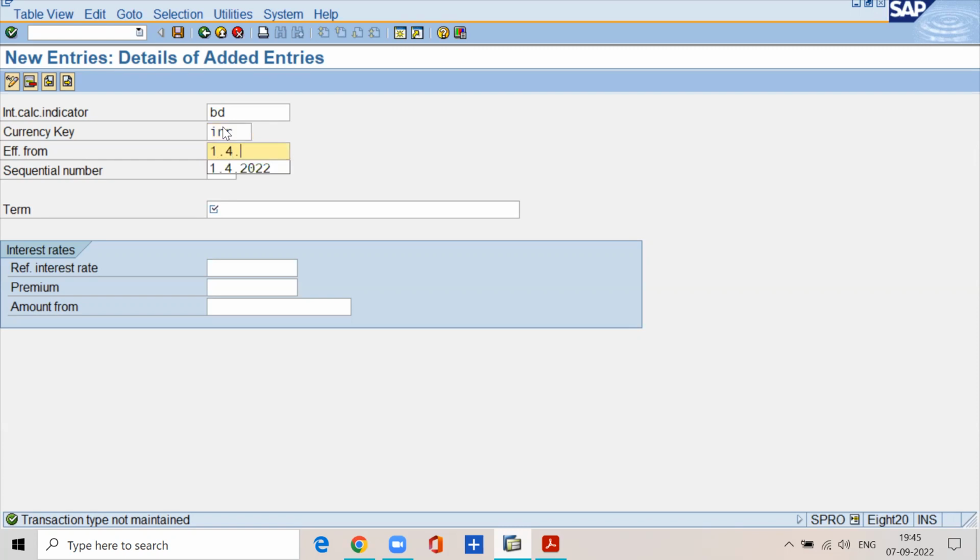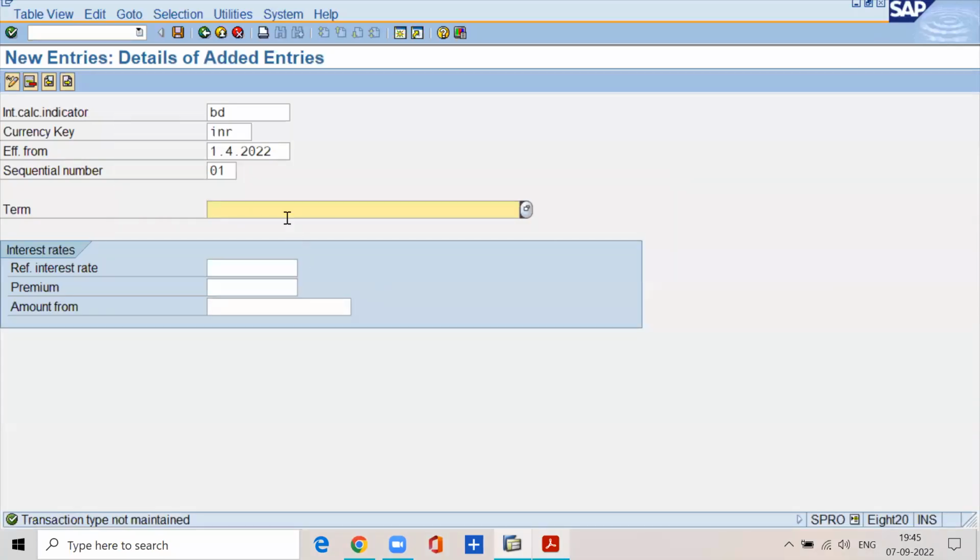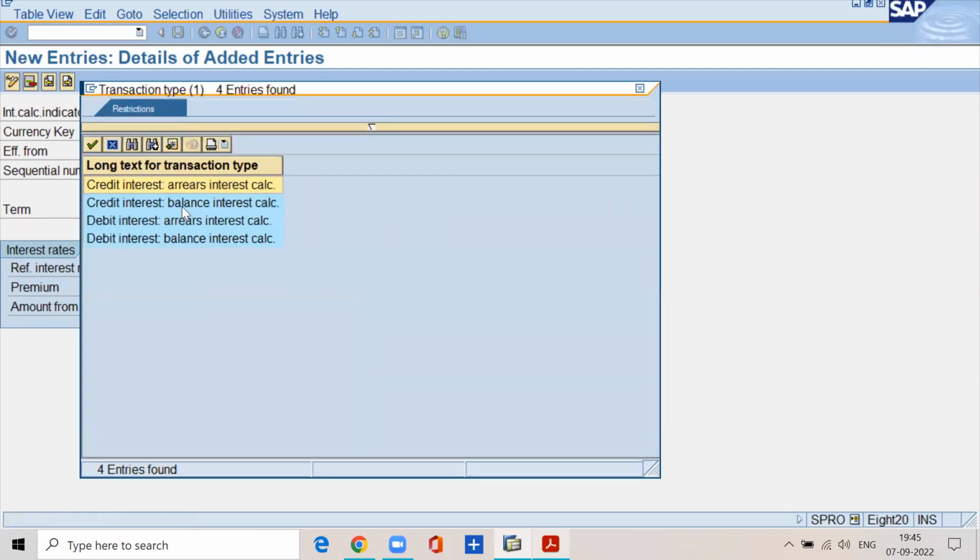Effective from 1/4/2022. Sequential number 01 means first term. Term is equal to credit interest, balance interest calculation, within brackets, select from F4.